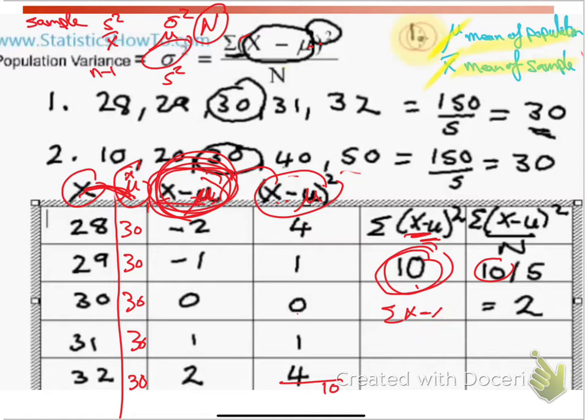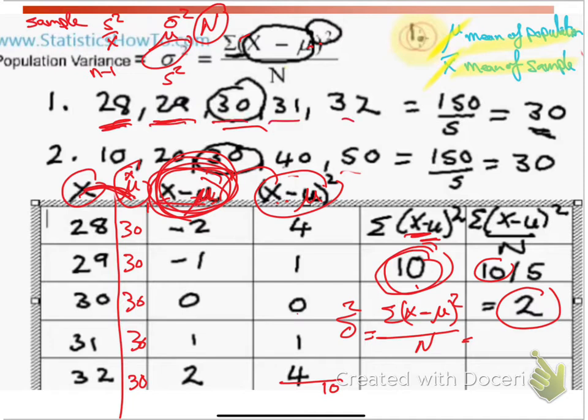To avoid confusion here, we'll use the proper one: x minus mu squared divided by n capital. This is the variance, we call it sigma square. So here it equals 2. The variance in the first set of data was 2 because the numbers are very close to each other.